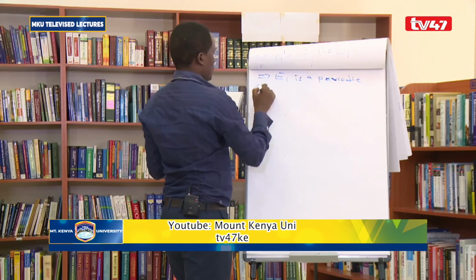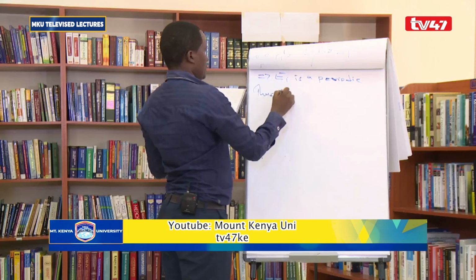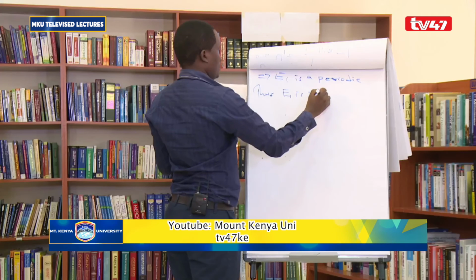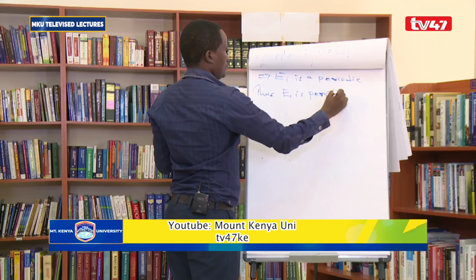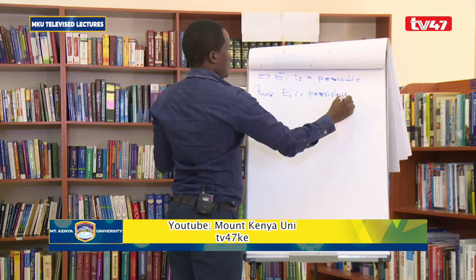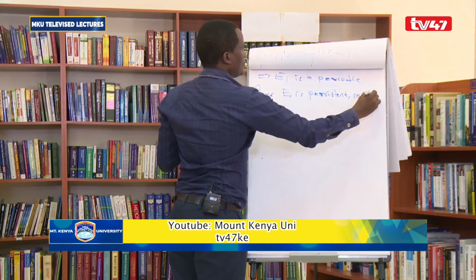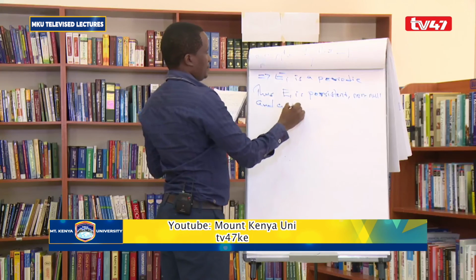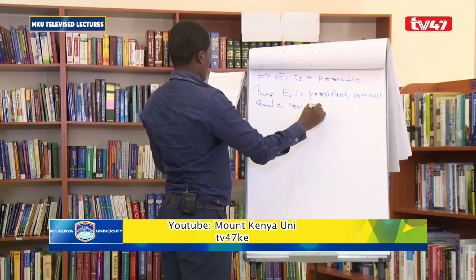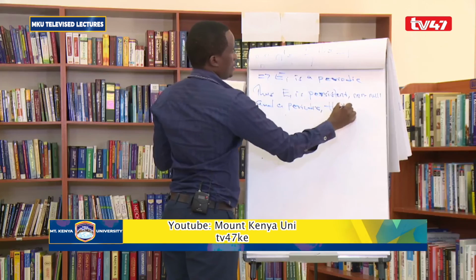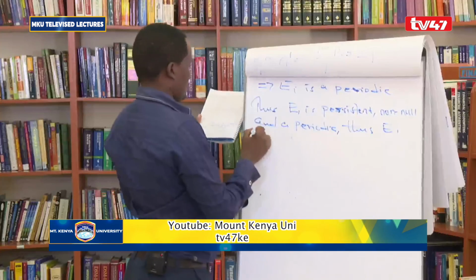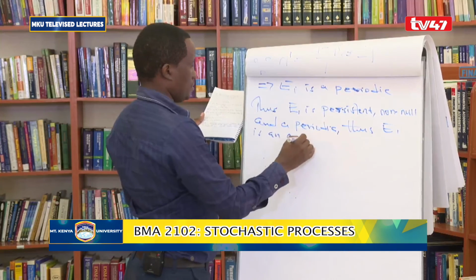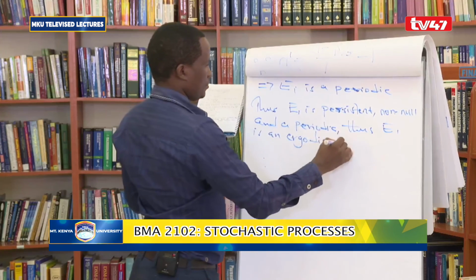Therefore, we conclude that E1 is persistent, non-null, and aperiodic. Thus, E1 is an ergodic state.